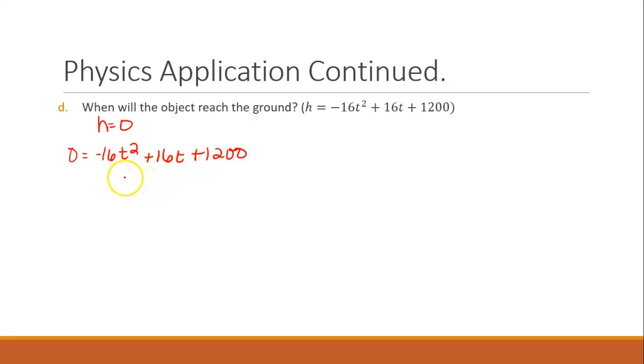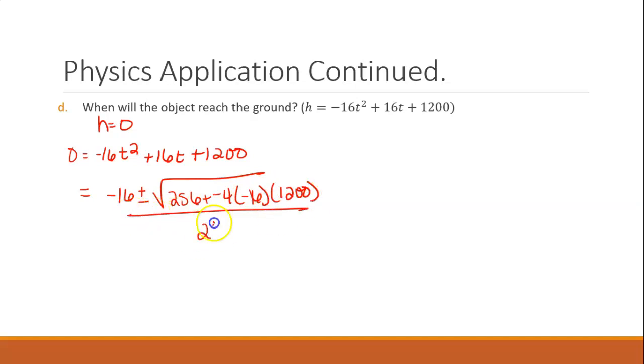Again, I don't try to factor these big numbers like this. I'm going to jump straight to the quadratic formula. So it's going to be negative 16 plus or minus the square root of b squared. So b squared is 16 times 16, which is 256, plus negative 4 times a times c, all over 2 times a. So this becomes negative 16 plus or minus the square root of 256.